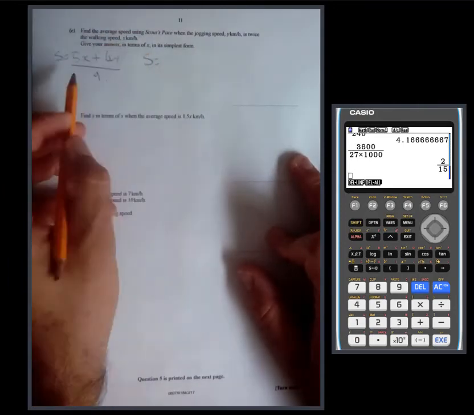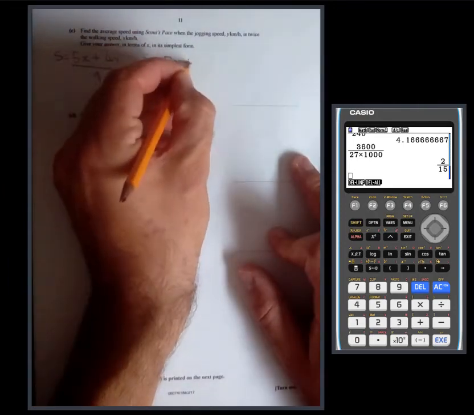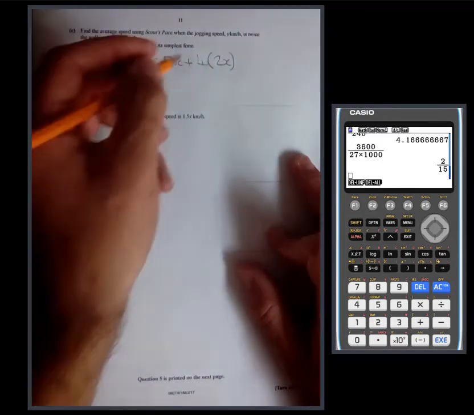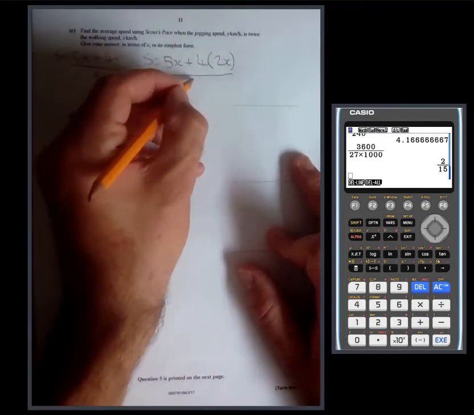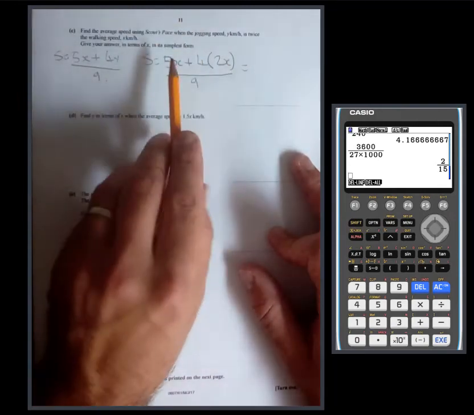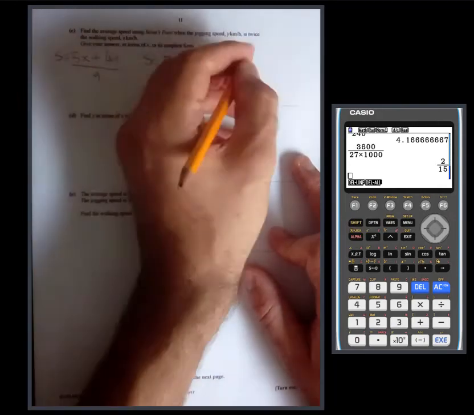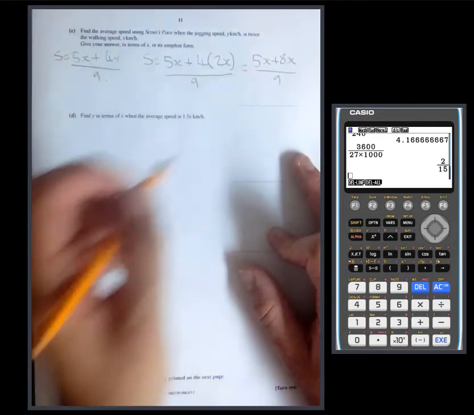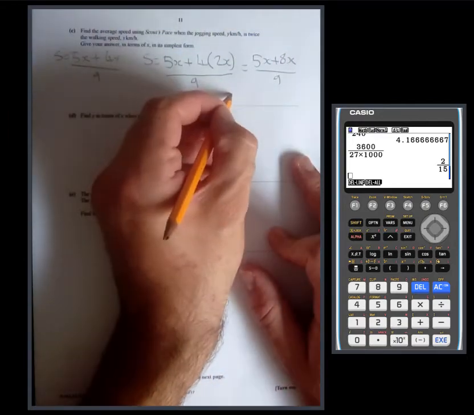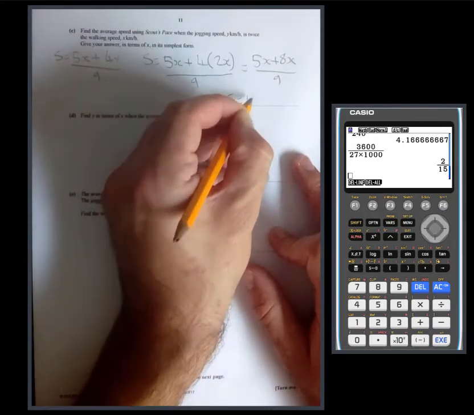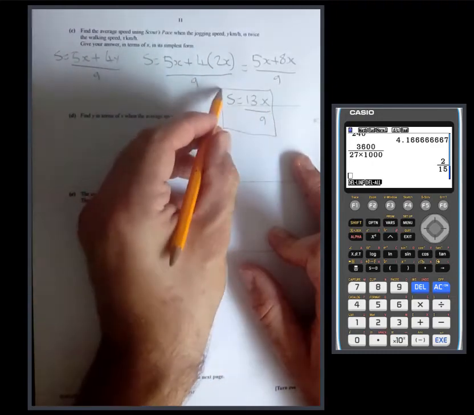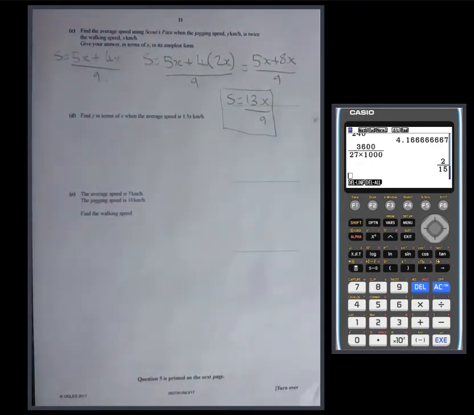S is going to be 5x plus 4 times 2x, because y is 2x, over 9. That is 5x plus 8x over 9, which must be s equals 13x over 9, which doesn't simplify. Done. Really quite a nice question, considering some of these have really not been easy at all.